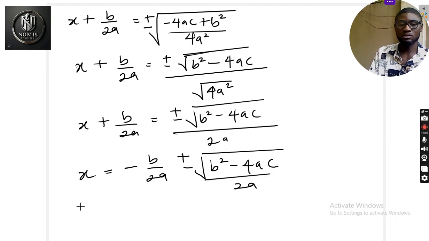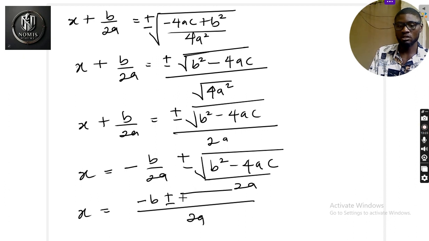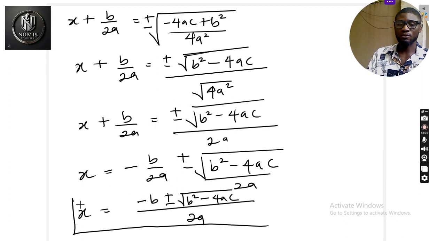Now we will take the LCM. X is equal to, the LCM is 2a. 2a divided by 2a is 1. 1 times minus b is minus b plus or minus the square root of b squared minus 4ac. So you can see how we arrived at this almighty formula. The almighty formula says x is equal to minus b plus or minus the square root of b squared minus 4ac all over 2a.